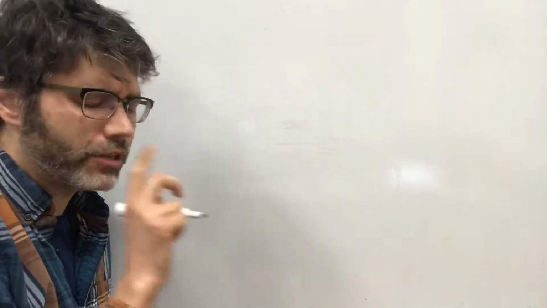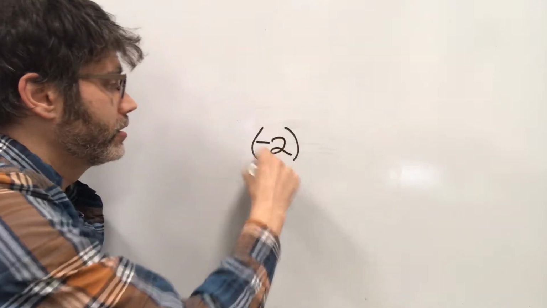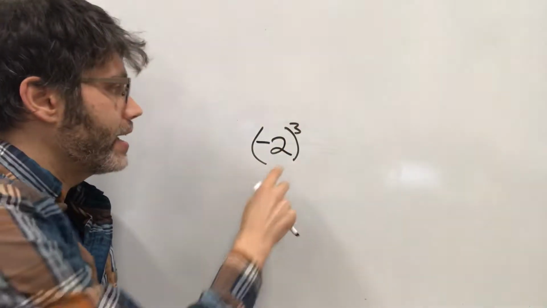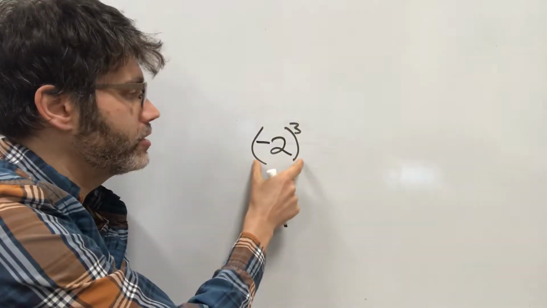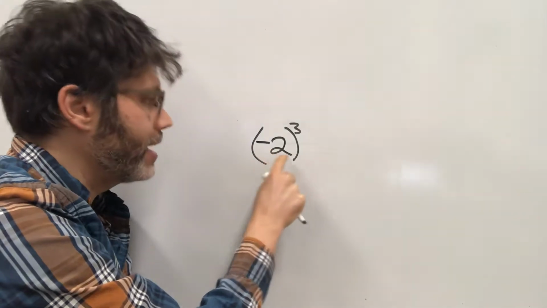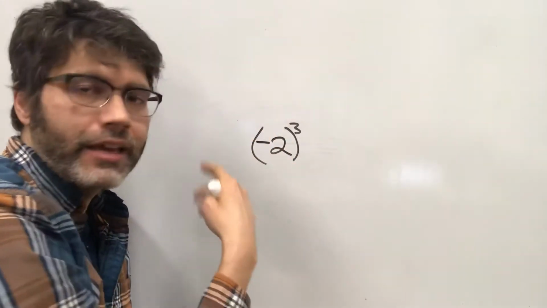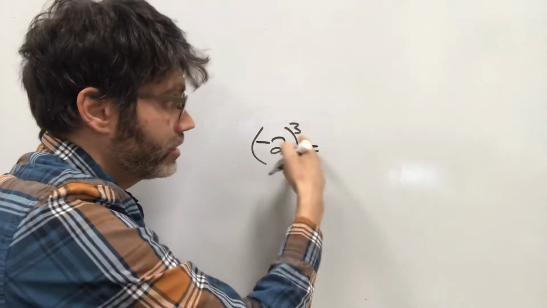Let's say that we had a negative base. So let's say we had negative 2 to the third, okay? Again, everything in this parentheses is going to be designated as that base. So that means that we want to multiply everything in here against itself however many times this exponent tells us to, which in this case is 3 times.